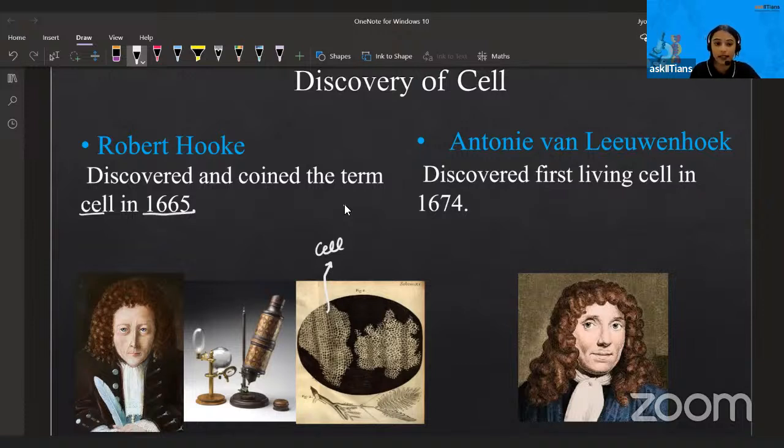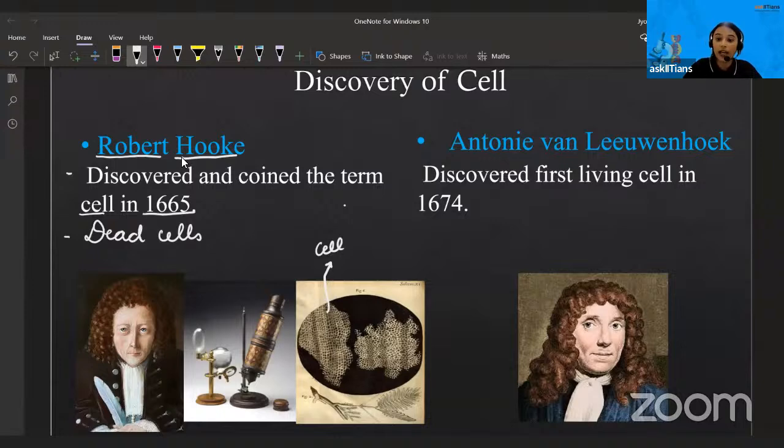But one thing you need to remember: the cells discovered by Robert Hooke were dead cells. So if the examiner asks who discovered the cell for the first time, your answer will be Robert Hooke. But if the examiner asks who discovered the first living cell, then if you mention Robert Hooke, it will be wrong.